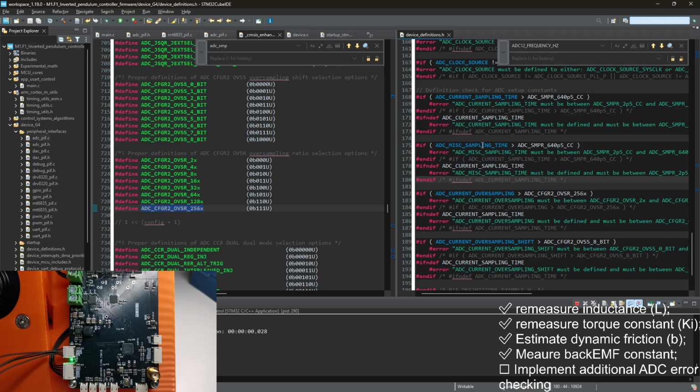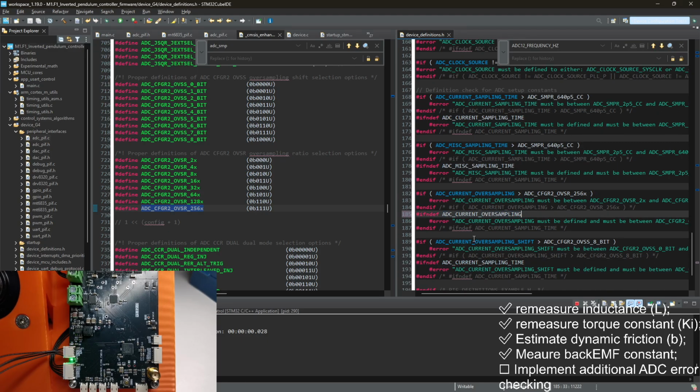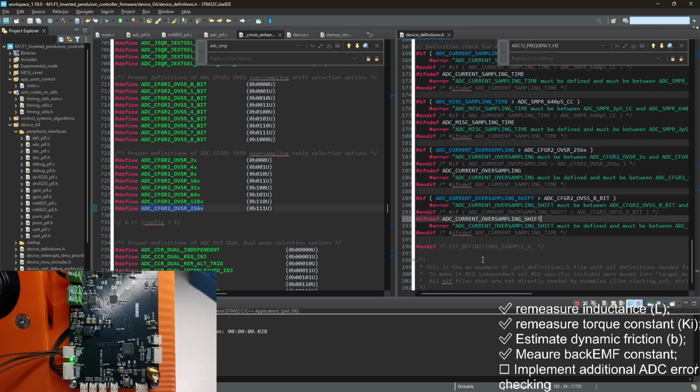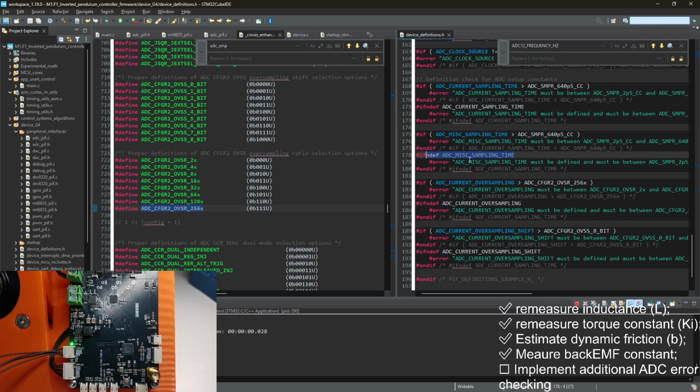Hold on a second. Oh, I have even more errors. I need to do this and that. Does this look correct now? It does. This doesn't.